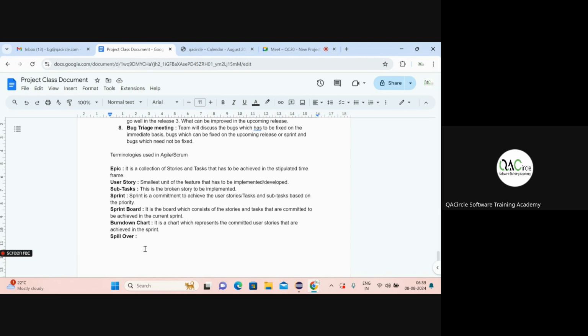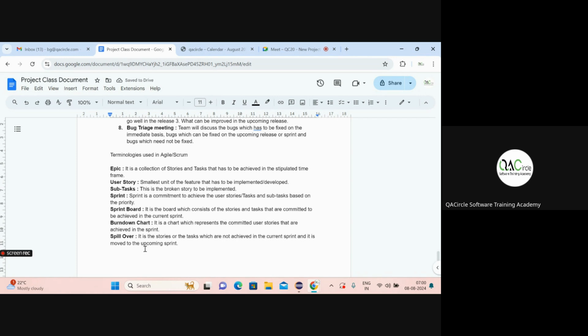So basically it is the stories or the tasks which are not achieved in the current sprint, and are moved to the upcoming sprint.